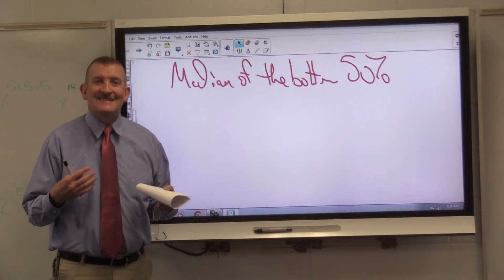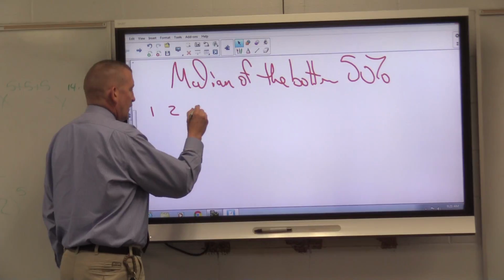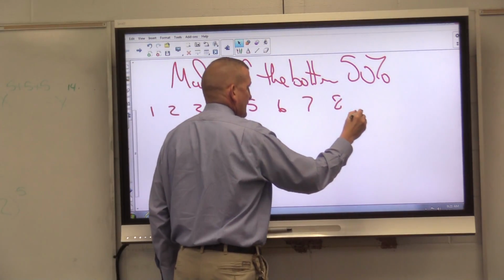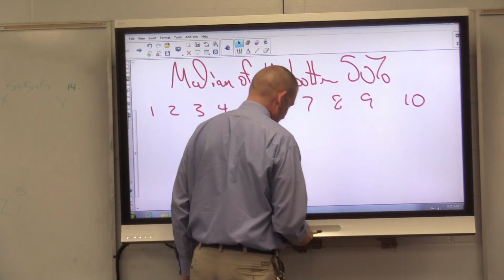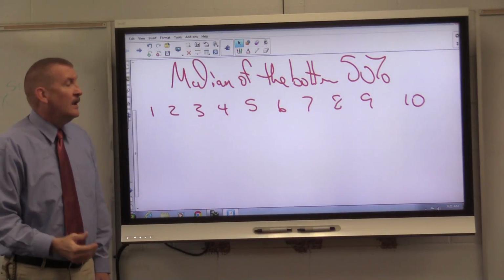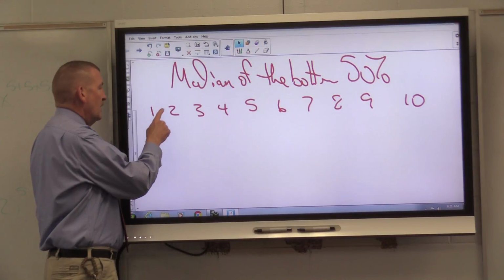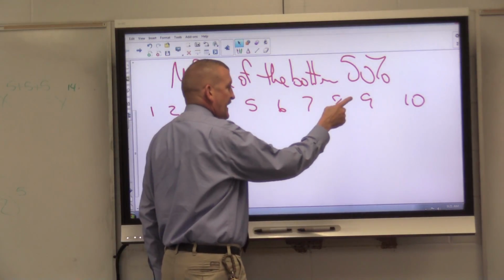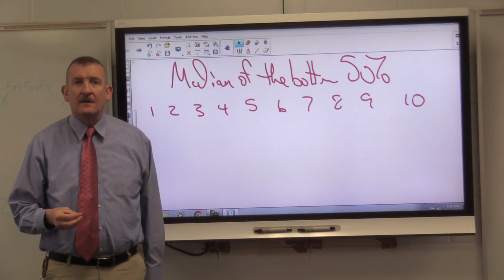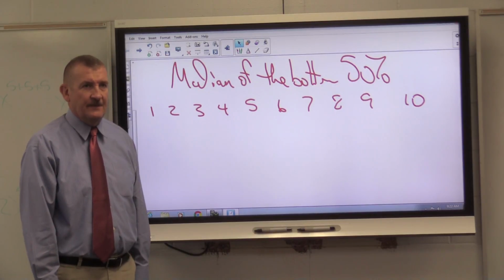I'm going to write down a simple data set: 1, 2, 3, 4, 5, 6, 7, 8, 9, 10. It's already arranged from smallest to largest. There are a total of 10 values in our data set.